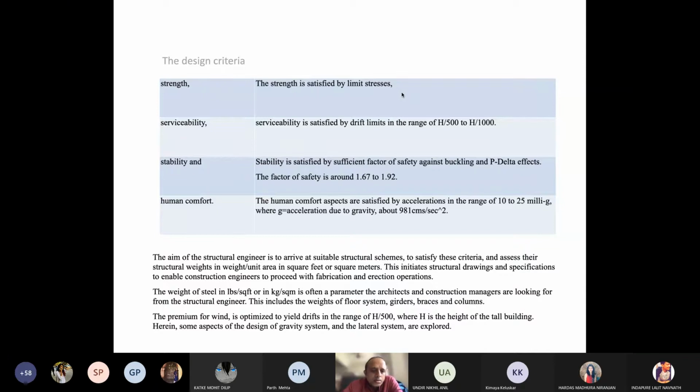So once the weight is established, you also need to understand the impact of the wind, because of the wind there is a drift.